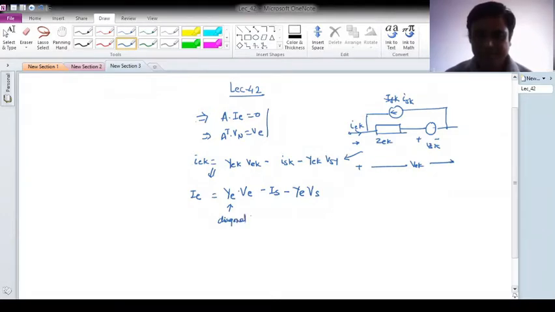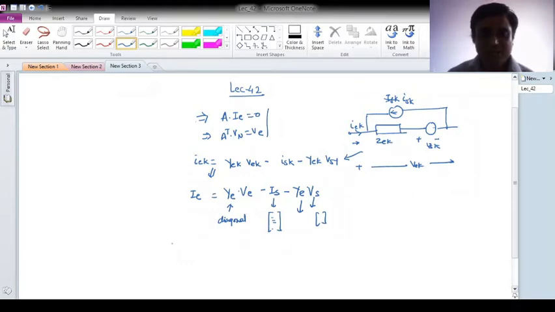This will be the column vector consisting of all the current sources connected in parallel with the elements. This will again be a column vector indicating the values of the voltage sources which are connected in series with the elements, and Y is your diagonal admittance matrix.